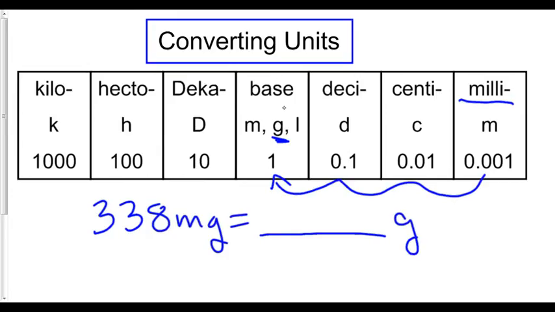So I'm going to do the same thing with my decimal point in 338 milligrams. I'm going to take my decimal point here and move it 1, 2, 3 places to the left. So 0.338. This ties into the whole powers of 10 idea because to get from 1/1000th to 1, right? That's 1 divided by 1,000, and that's why we're moving to the left in this case.